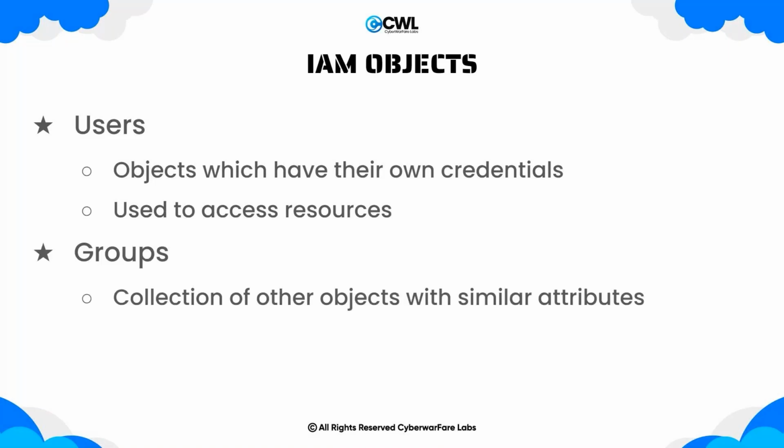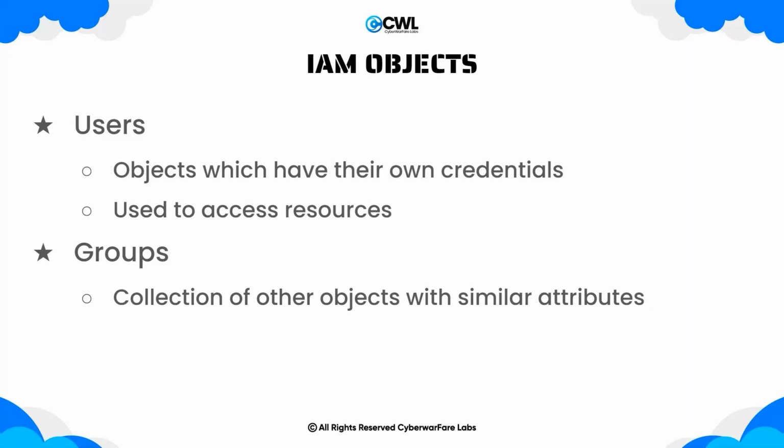Now, the fourth component, or fourth object, of this IAM is groups. We have defined users, but let's say we have a marketing department, and all of the marketing users need to get access to a certain resource. Let's say they want to access a CRM that is hosted on the cloud.